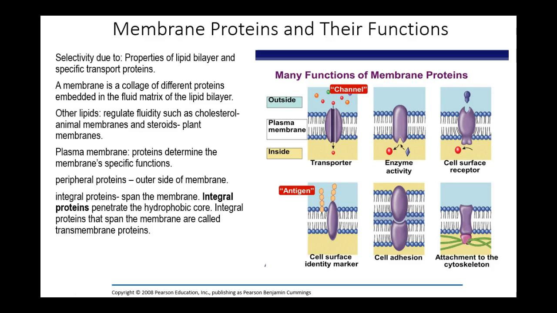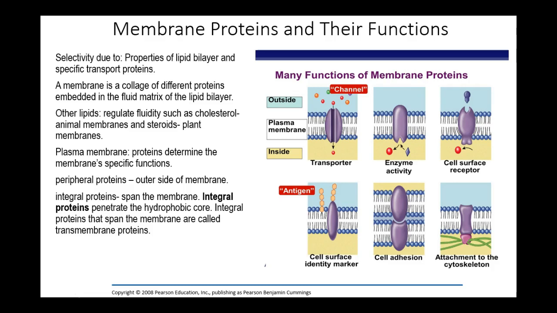You have cell surface receptors. These are embedded in the membrane to identify self as self, or to take in a particular product that the cell needs. It's embedded in the membrane with a receptor site on the external portion of the cell, to allow something to make contact with the cell and be taken in if need be.